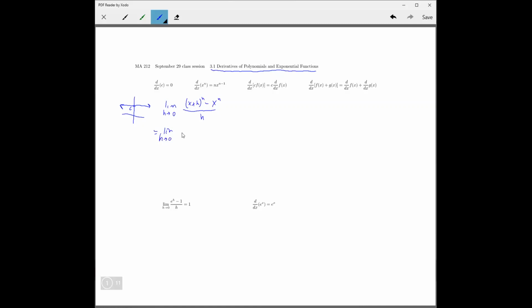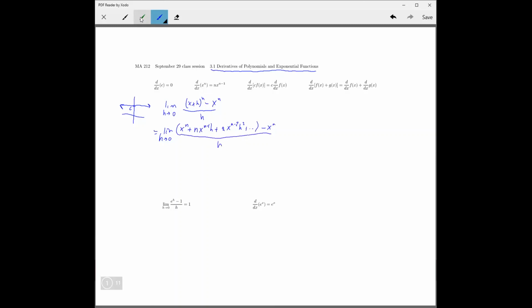When you expand this, you get x to the n plus n x to the n minus 1 h, and then some other exponent, x to the n minus 2 times h squared, and a bunch of other stuff. That's just x plus h to the n, and then you're subtracting x to the n.